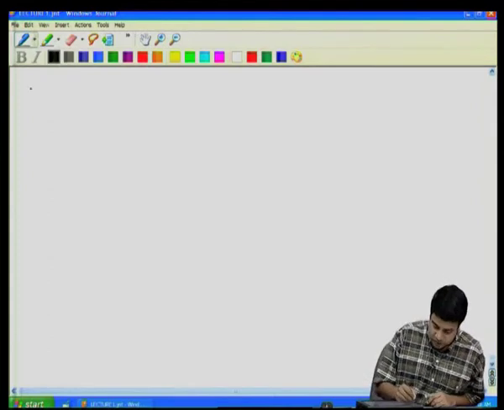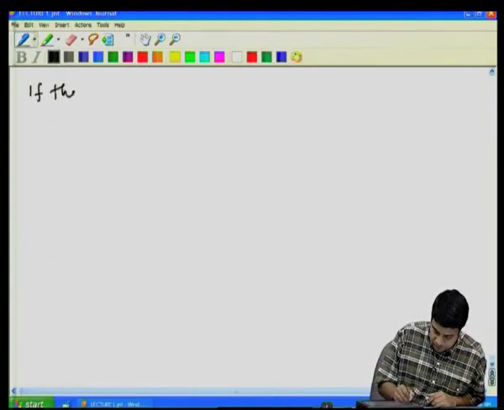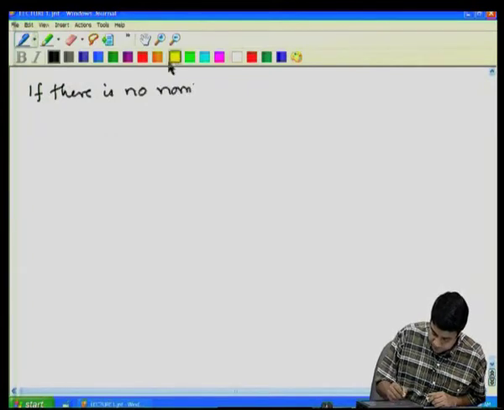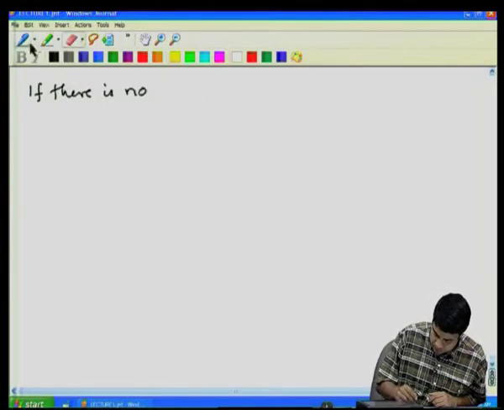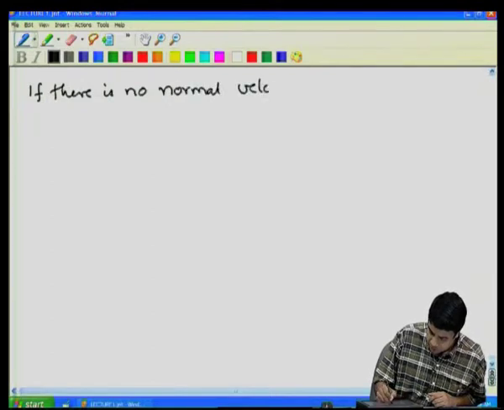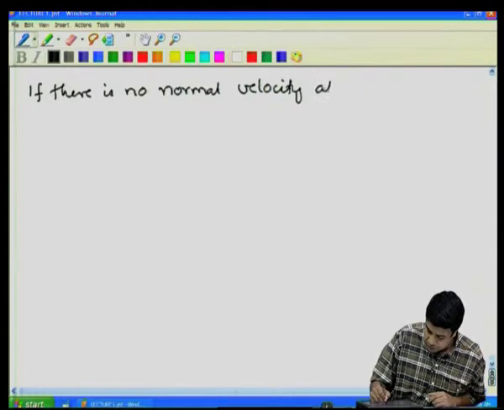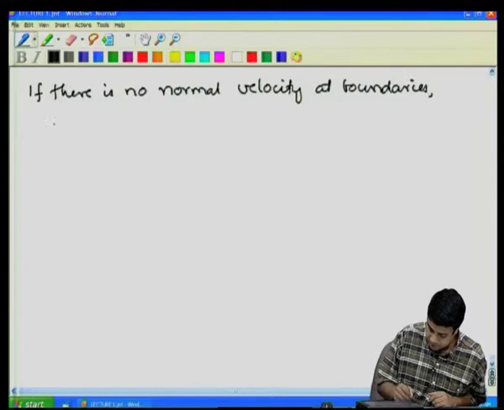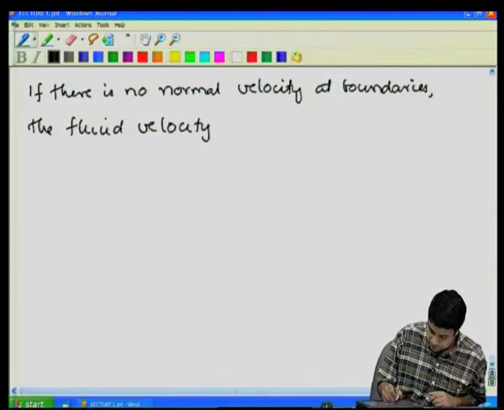Alternatively, one can show that if there is no normal velocity at the boundaries, the fluid velocity is 0 everywhere.